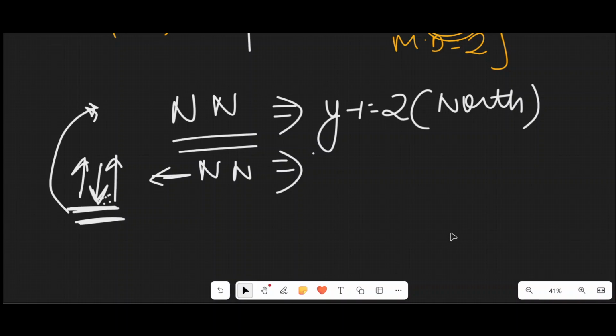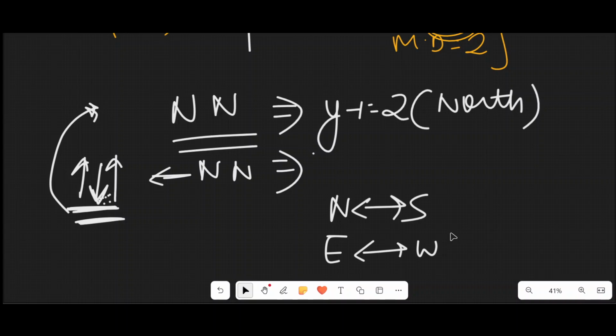So this is what I'm trying to say: whatever changes we make, although it's given that we can change in any direction, our main criteria should be changing N to S or S to N, and east to west or west to east.